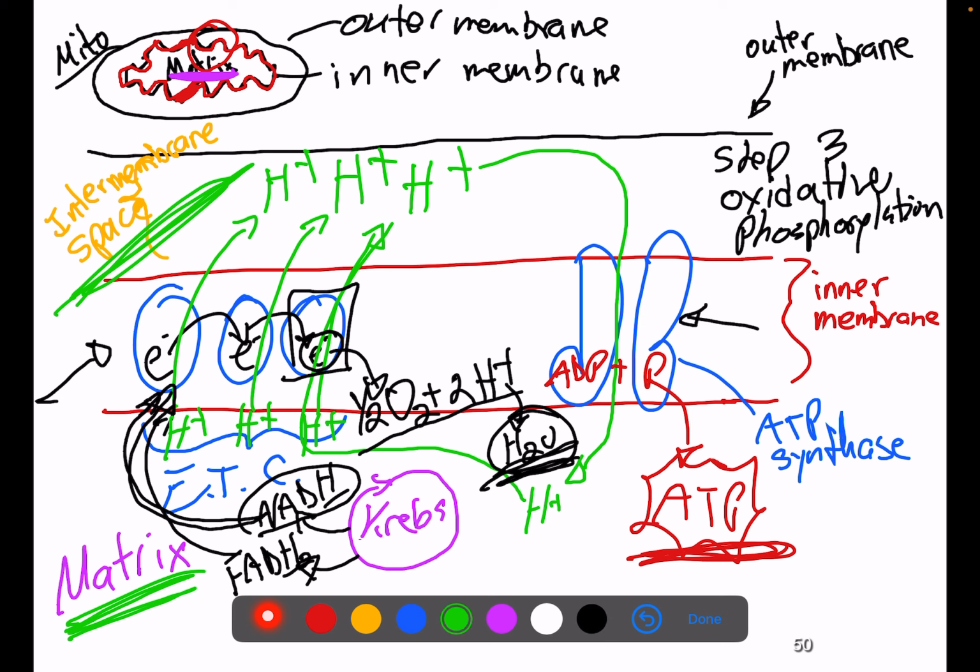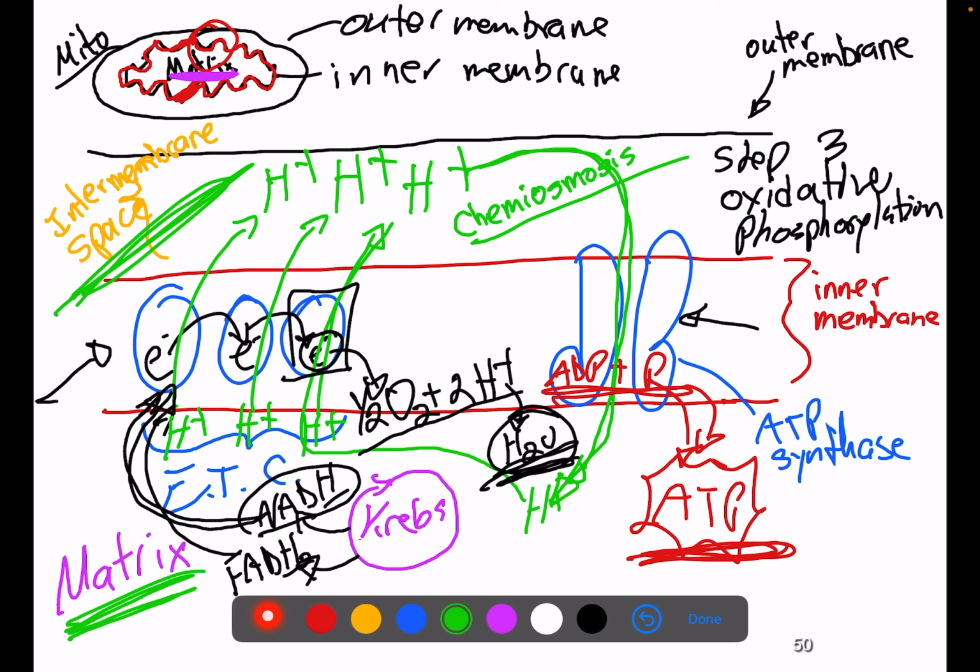And hydrogens need to go from high concentration to low so that we can generate ATP. That has a name, and you may not like it, but that name showing hydrogens going from high concentration to low is called chemiosmosis. And you also saw that in the light reactions.